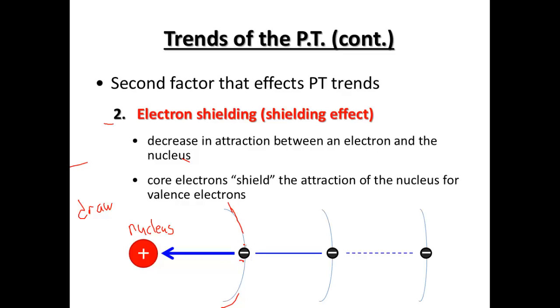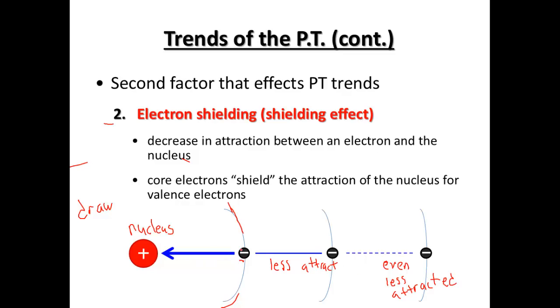But the further away, these electrons are going to partially repel, so these are going to be less attracted to the nucleus. And the further out electrons in the next outer energy level are going to be even less attracted to the nucleus.